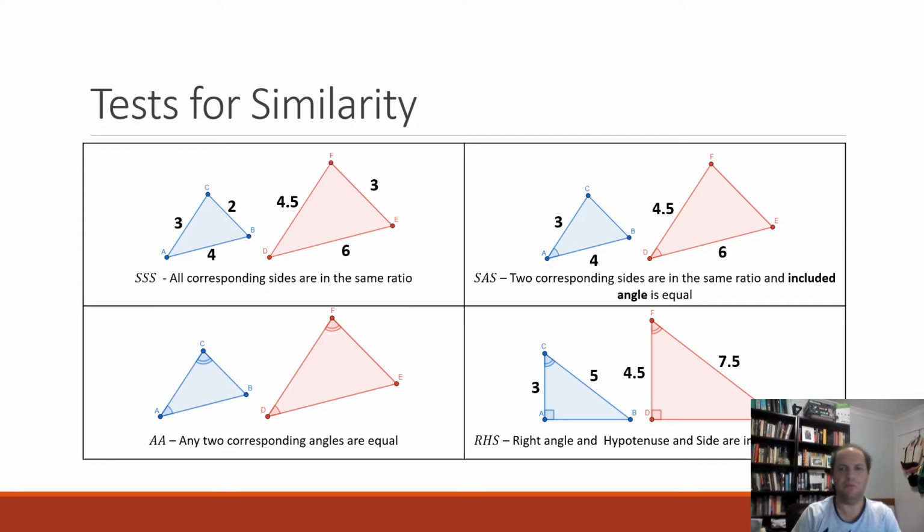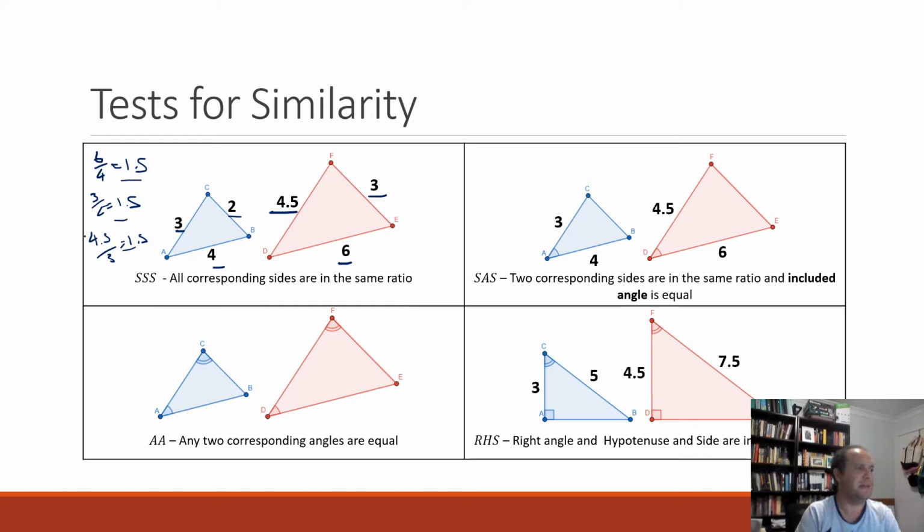For example, looking at our SSS rule for similarity, looking at our corresponding sides, we've got 6 and 4, so let's find the ratio there. 6 over 4 is 1.5, then 3 and 2, 3 over 2 also equals 1.5, and you guessed it, 4.5 over 3 also equals 1.5.